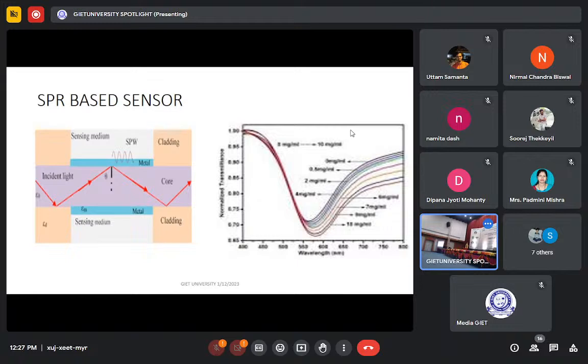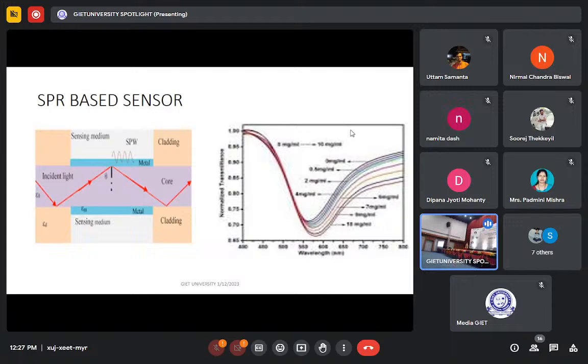Now, what is interesting here is, suppose I put a material here, the material which I want to sense. Then the dielectric constant of this medium will change. When the dielectric constant of the medium changes, the wavelength or the frequency for which the resonance was taking place will change. And this is where I have shown how the resonance wavelength changes as you change the concentration.